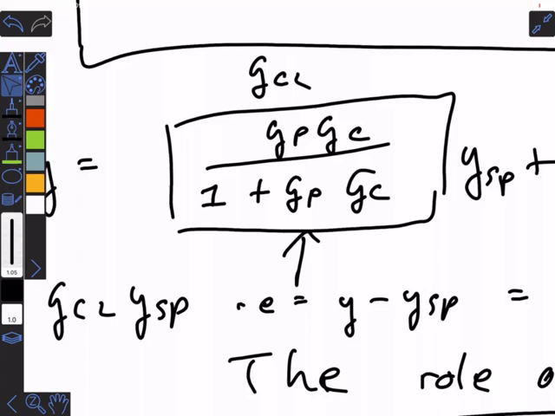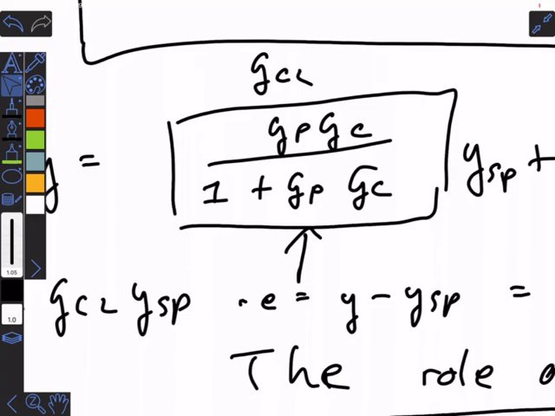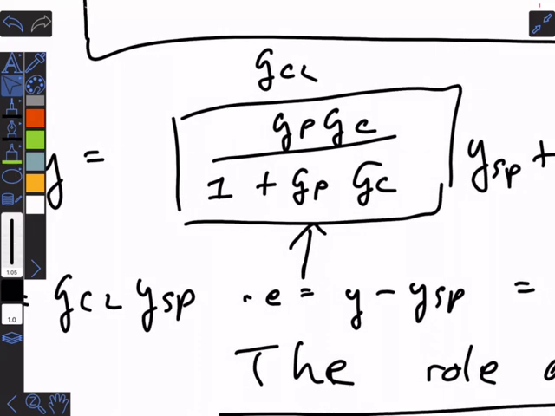It also tells us that if G_C has finite gain, or rather, the correct version related to one of the quiz questions, if G_P G_C has finite gain, there will be offset.